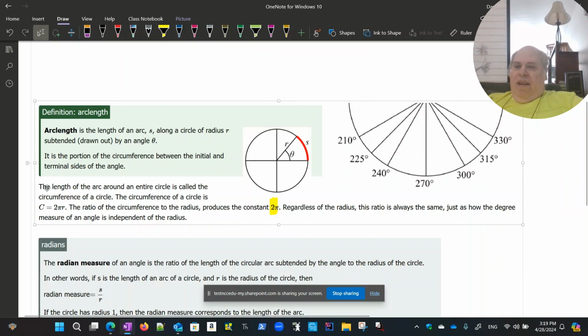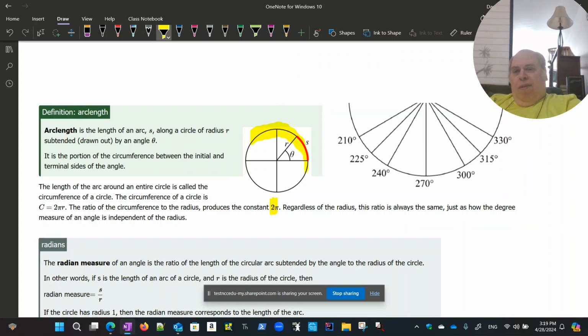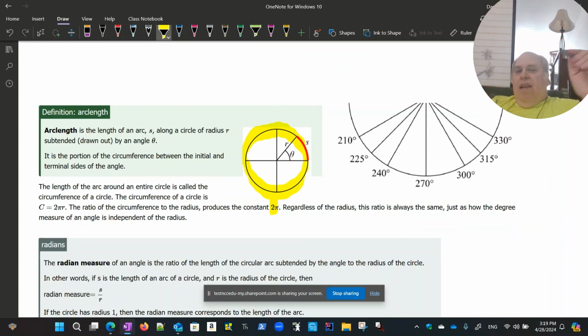Now, the length of an arc around an entire circle is called the circumference of the circle. So if you go all the way around, back to the beginning, from here around to here, that's the circumference of the circle.